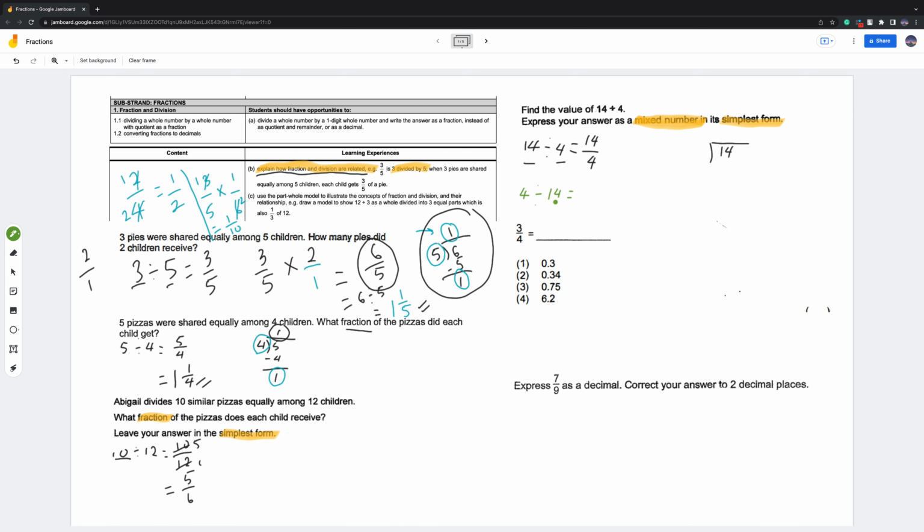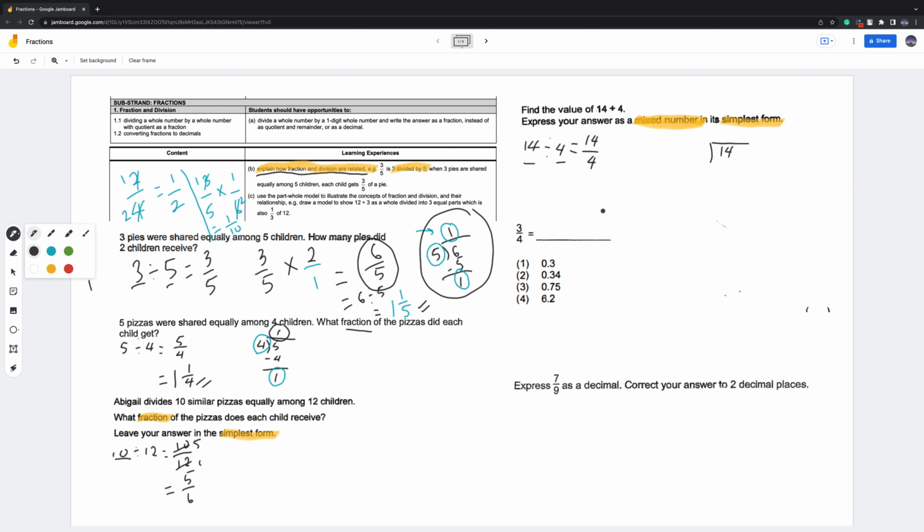They see, oh, 14 is the bigger number. So what they do is they will put 14 inside and they'll put 4 outside. So of course this is wrong. This is not what we are looking for. So how do we make sure that we don't make this mistake?